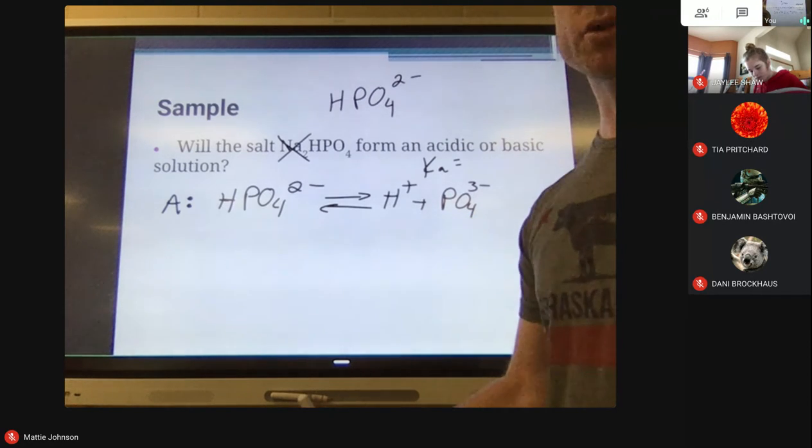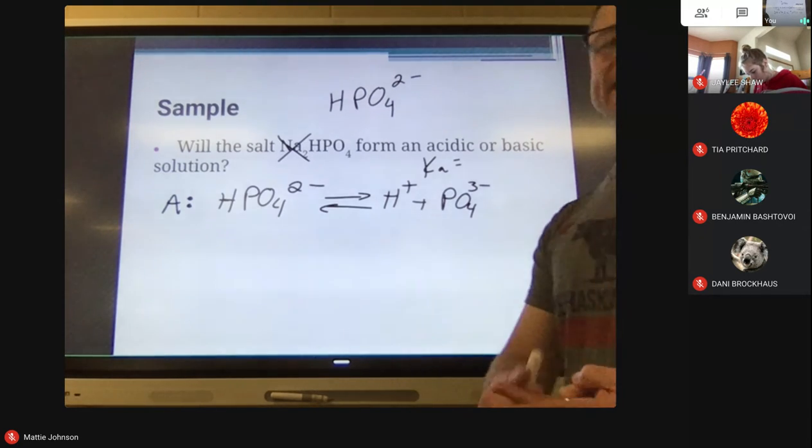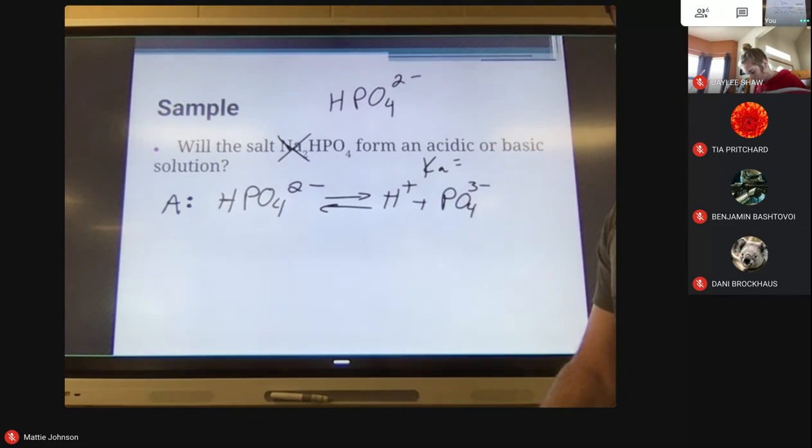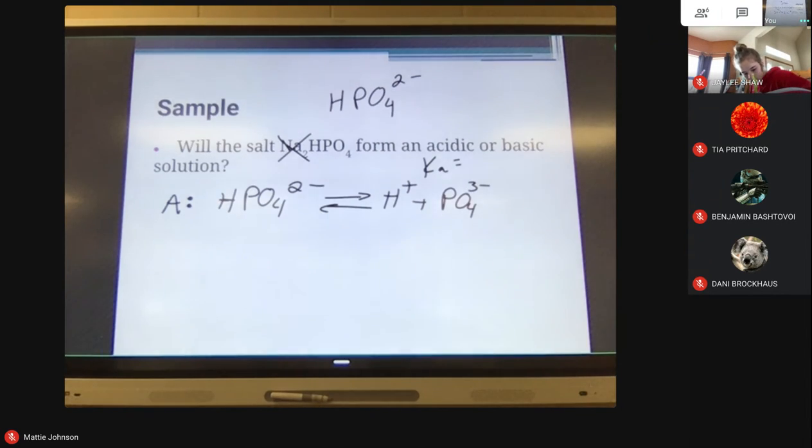You got to pick the correct one. So I'm going to give you guys 30 seconds to figure out which one is the correct Ka, and we're going to write that value down. Is it Ka1? Is it Ka2? Or is it Ka3? Right? So now you have 20 seconds. Somebody unmute and tell me your thoughts on which one you picked.